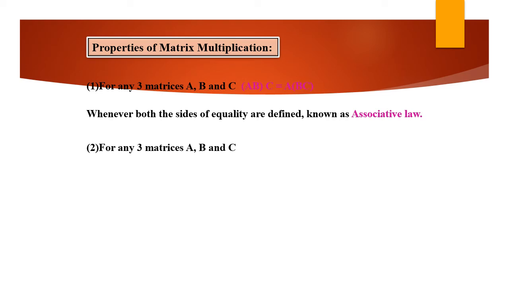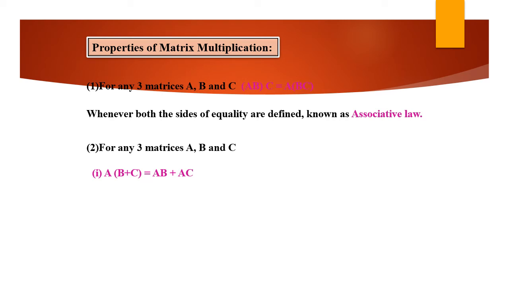So this is possible whenever both the sides of equality are defined. So here the word defined means the matrices satisfy the CR rule.